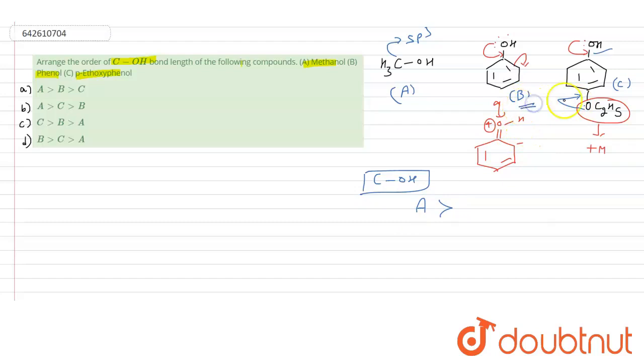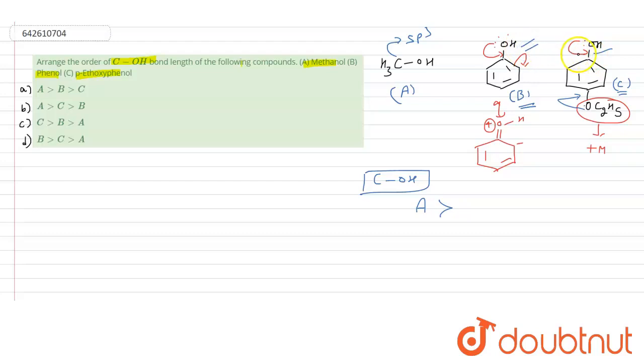either B or C? In the case of compound C, para-ethoxyphenol, there is a plus M effect, and this plus M effect will inhibit the resonance, or you can say the delocalization of this electron, which indicates that there is more single bond character, or less double bond character, as compared to phenol.